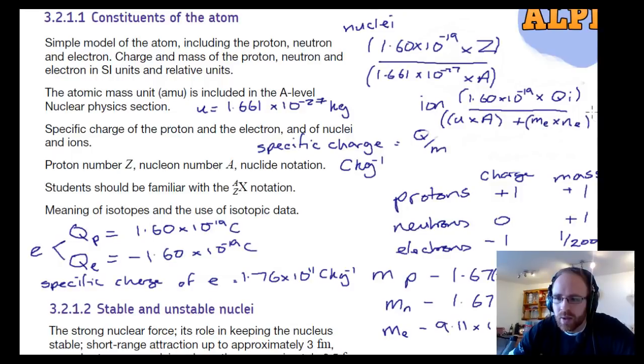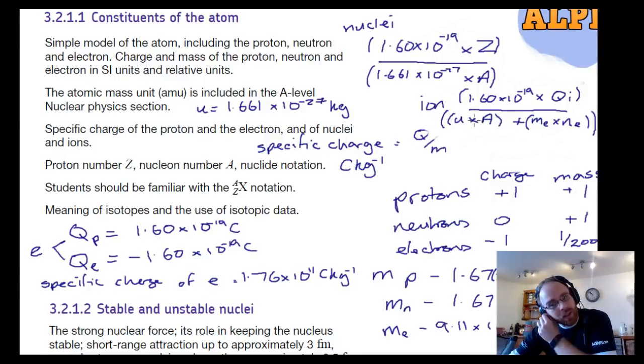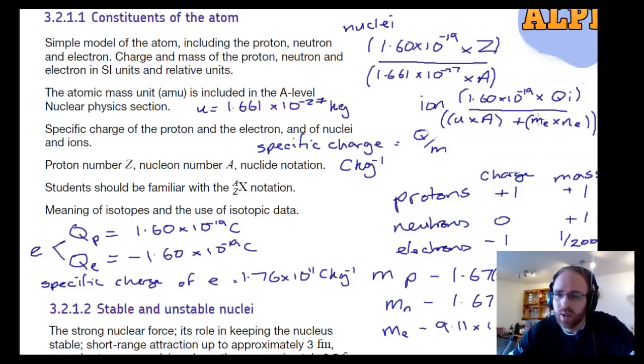Really only makes a difference if you've got lots of electrons, but you need your total charge of the ion, which is the charge on the ion times the elementary charge, all over the mass of the nucleus of the ion plus the mass of the electrons in the ion, and that will give you your specific charge of an ion. And the specific charge of a nucleus would be the charge of all the protons, all divided by the mass of all of the nucleons.